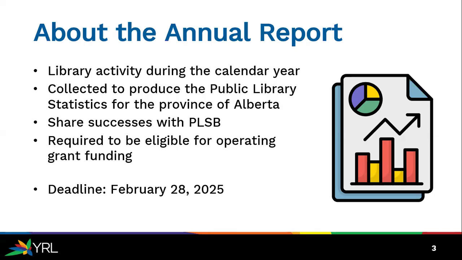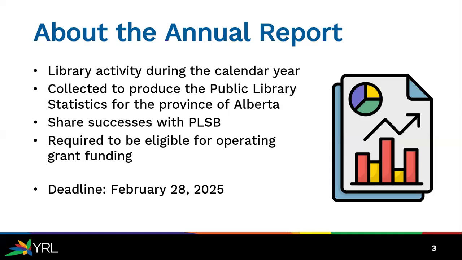You can view those statistics on their website, and I'll show you where to find them a bit later on. They currently go up to 2021, so they're always just a few years behind, I think. It's a really useful tool if you ever want to do comparison to other libraries in the province or in the region. It's just all the information they collect from the annual report, but organized together.